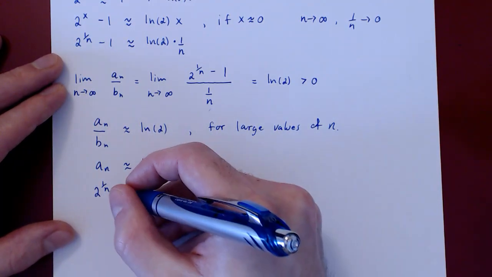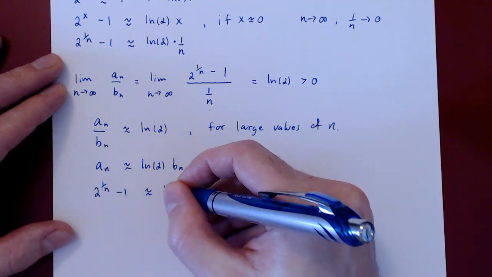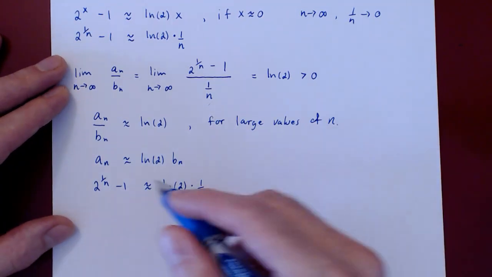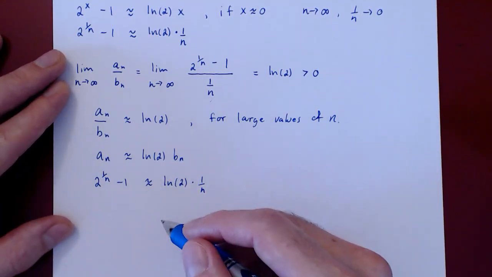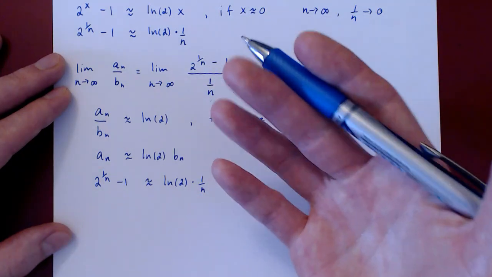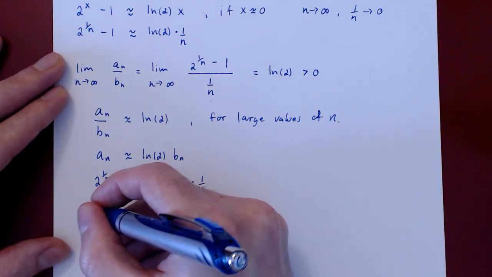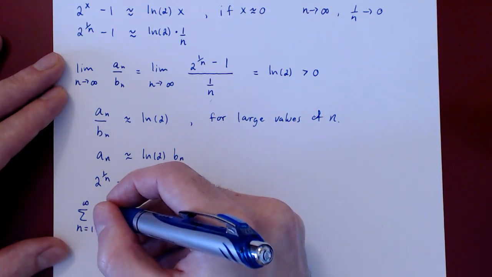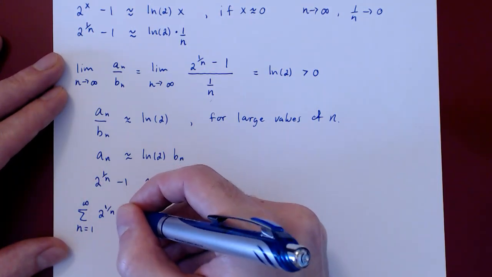So 2 to the 1 over n minus 1 is approximately ln of 2 times 1 over n. And so we can squeeze in here the summation. So if these terms are really, really close to these terms, then the series in each case should be on the same order of magnitude. Again, either they will both be finite or infinite.